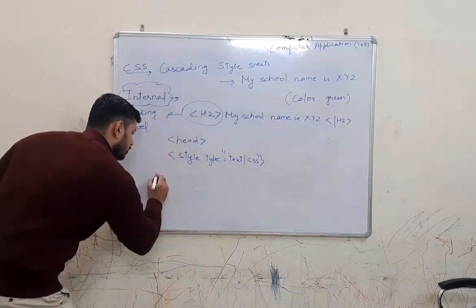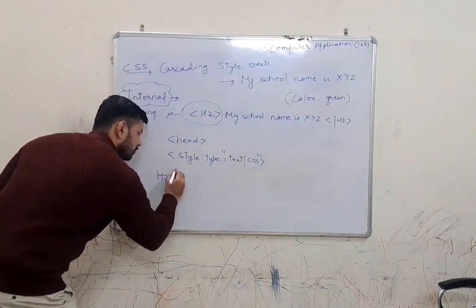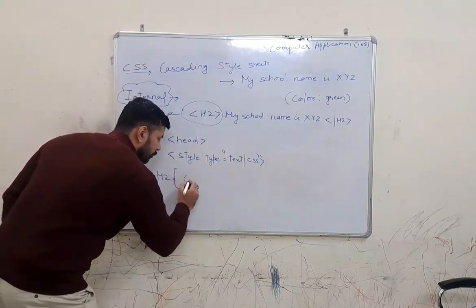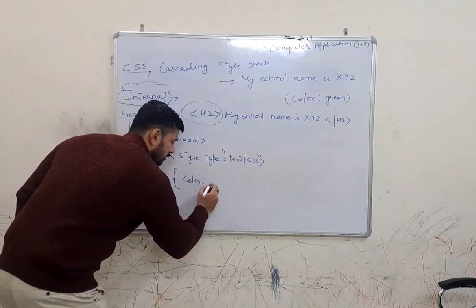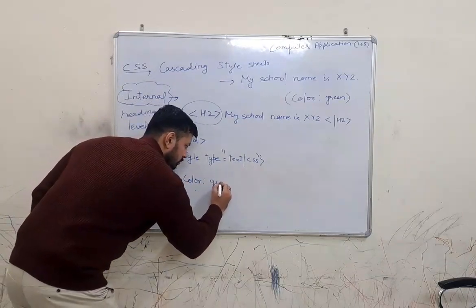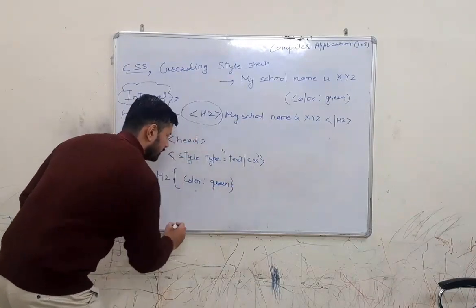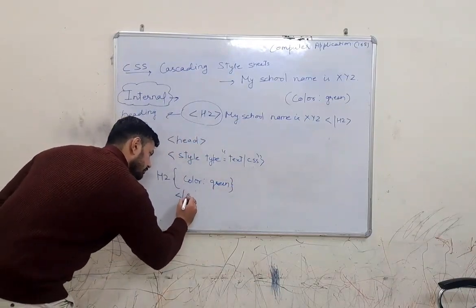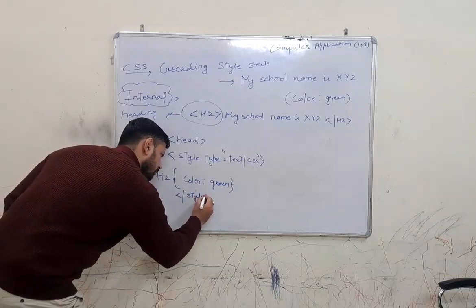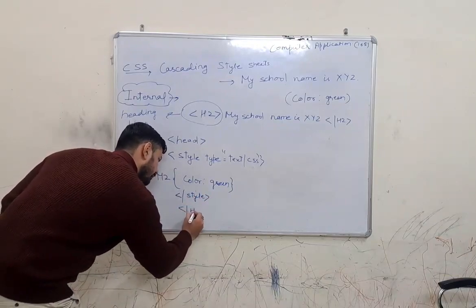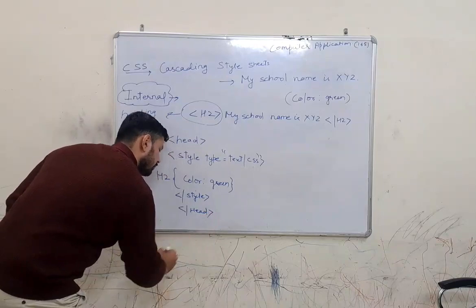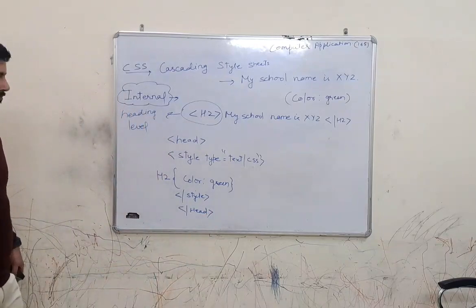Then I choose H2, curly bracket, property color, value green, close style tag, and then the head tag ends.